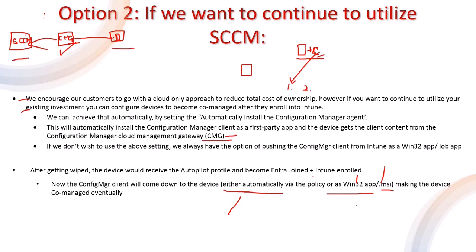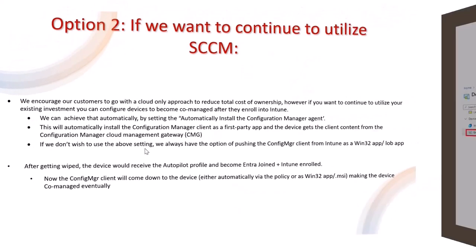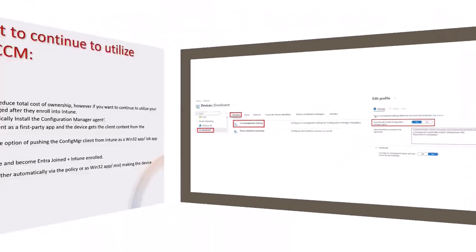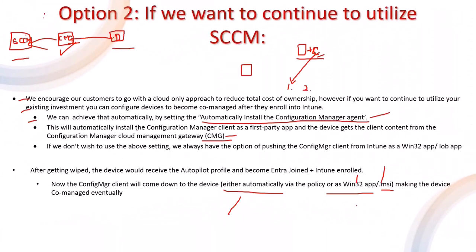So now coming back to the theory section here, it says that we can achieve the installation of SCCM client in the devices which are autopiloted automatically by setting the automatically install configuration manager agent. That is option 1. This will automatically install the configuration manager agent and use the CMG.